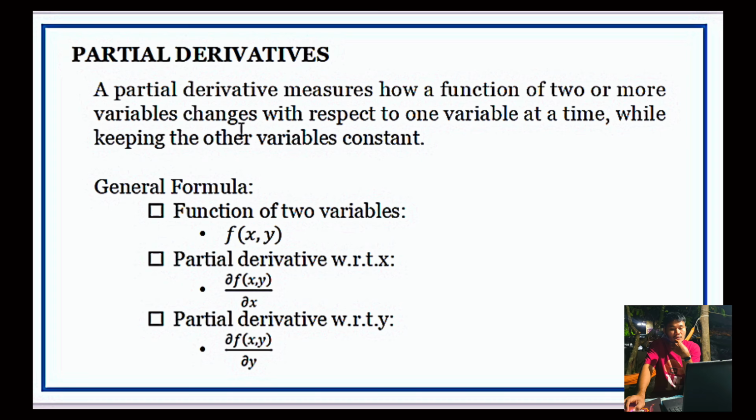Now, in partial derivatives, there are different general formulas. For example, for a function of two variables, the formula is this one, and then the partial derivative with respect to x is this one, and the partial derivative with respect to y is this one.